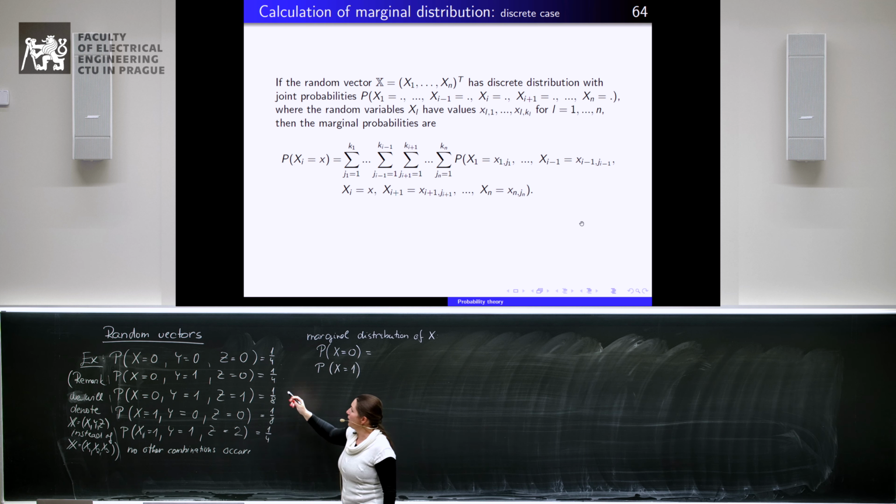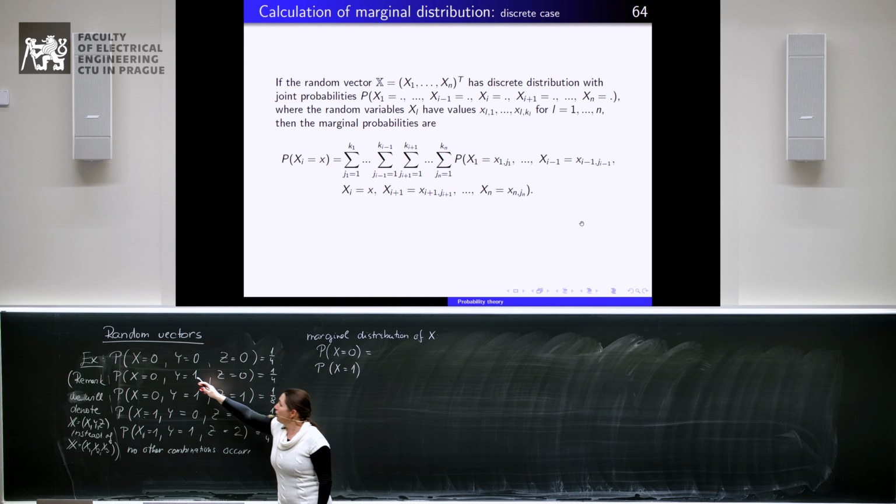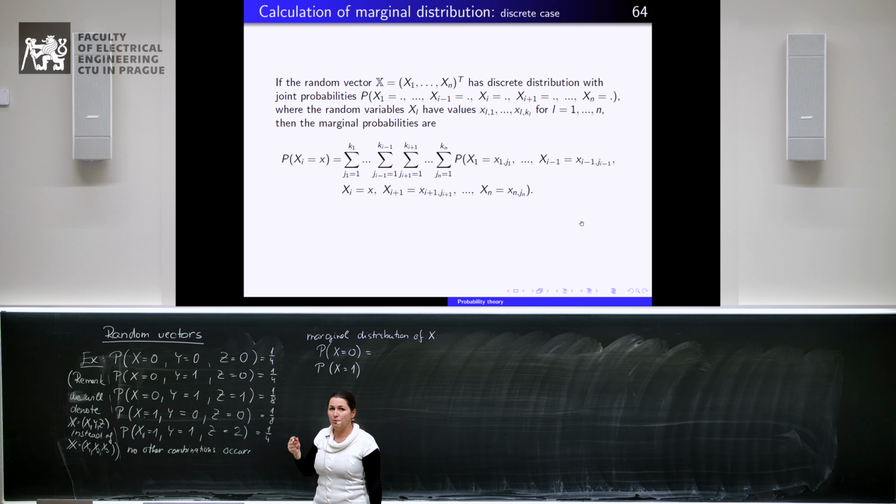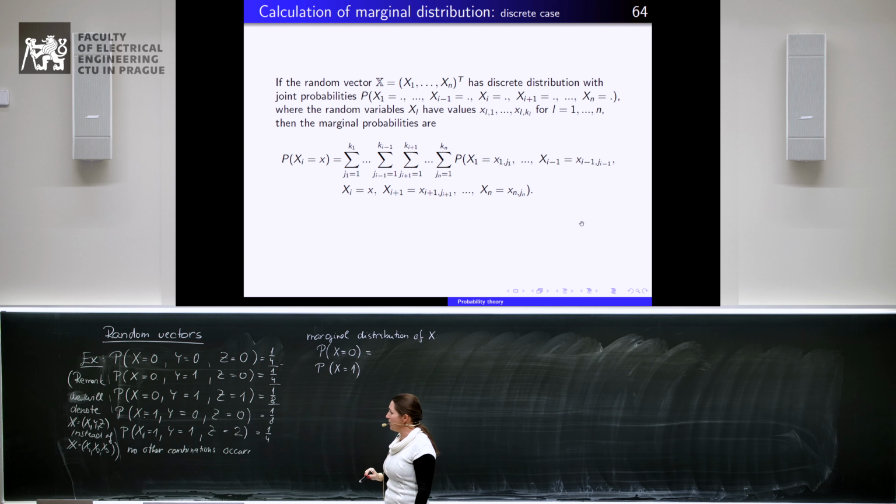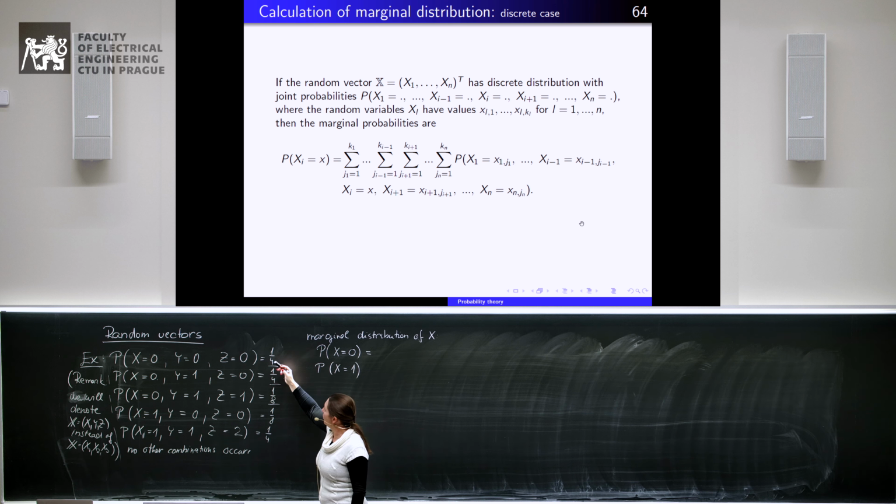But we know that the probabilities of the combinations where X is equal to 0 are not equal. So the probability that X is equal to 0 must be calculated as the sum of the first, the second, and the third probability, because X is equal to 0 in these 3 cases, which occur with the given probabilities.